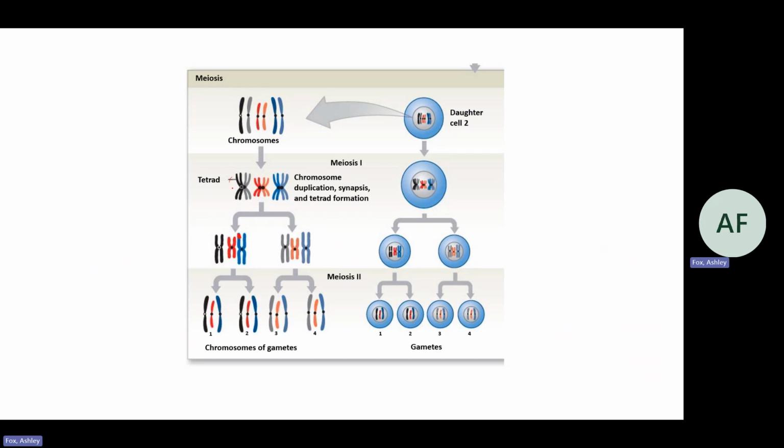But what happens is, see how this cell has a black pair and this cell has the gray pair. Same thing, red, orange, darker blue, lighter blue. So eventually cells are going to have copies where we just separated them.